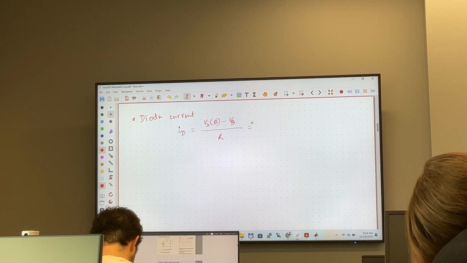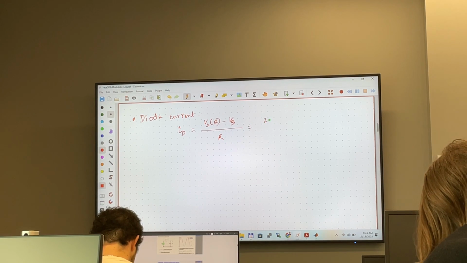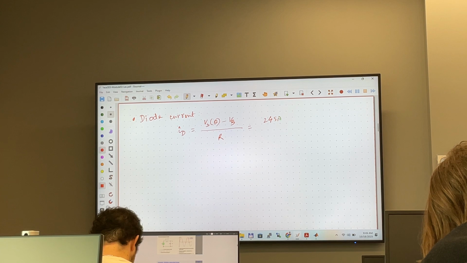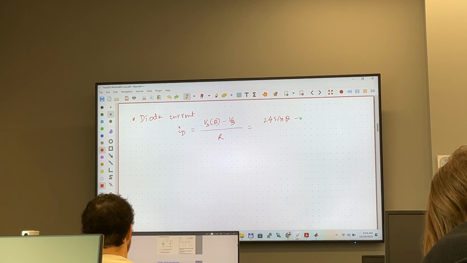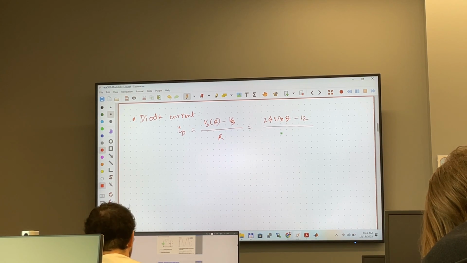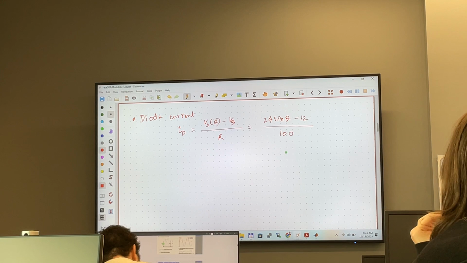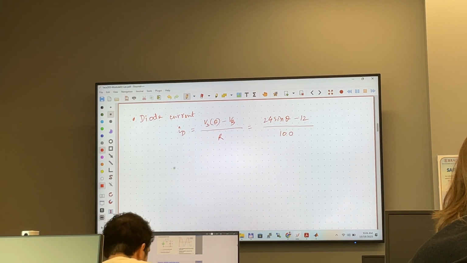So it is going to be 24 sin theta minus V sub B, minus 12, over R, which is 100. Okay, and the maximum diode current.